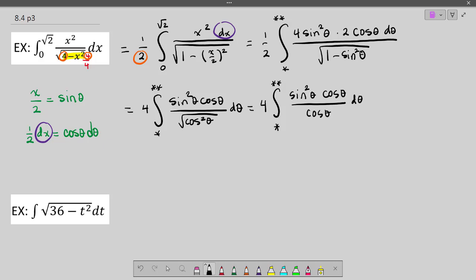So then we're in that situation. Cosines, of course, cancel. And then we have to integrate sine squared. And we know to integrate sine squared or cosine squared, what do we do to the power? You gotta reduce it.